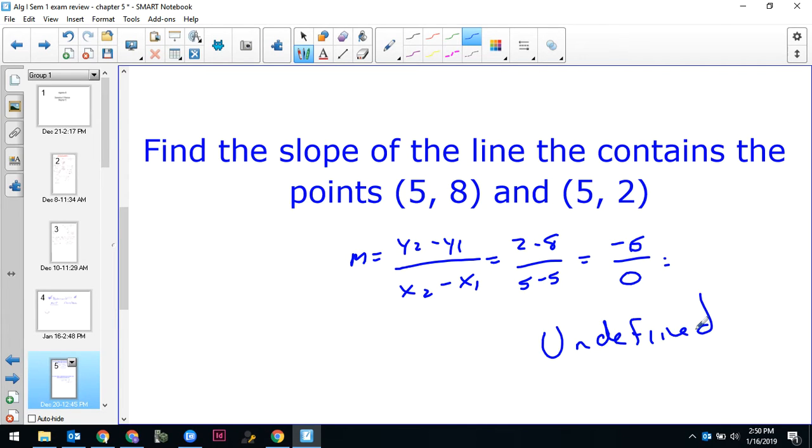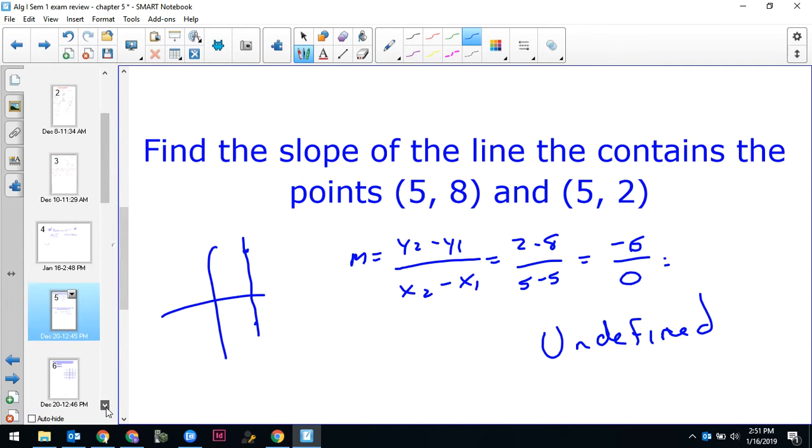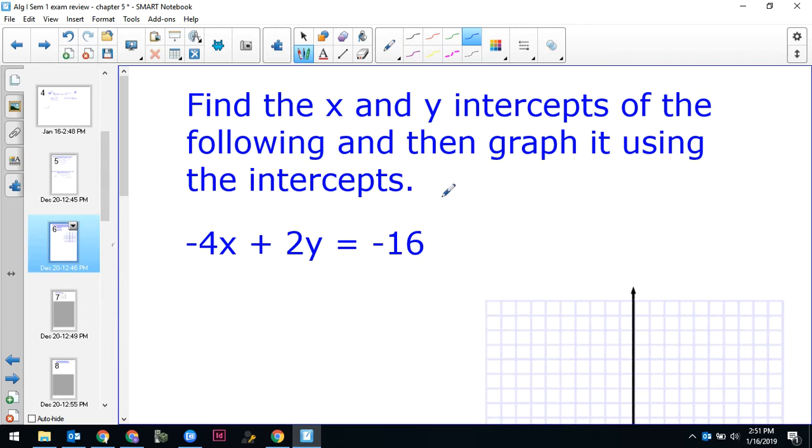Undefined. Okay, watch out for that. That's an N. Undefined, where you cannot divide by 0. So think about what type of line that is. If I'm just drawing it, 5, 8, 5, 2. That's a vertical line, undefined slope. Okay, let's keep it going.